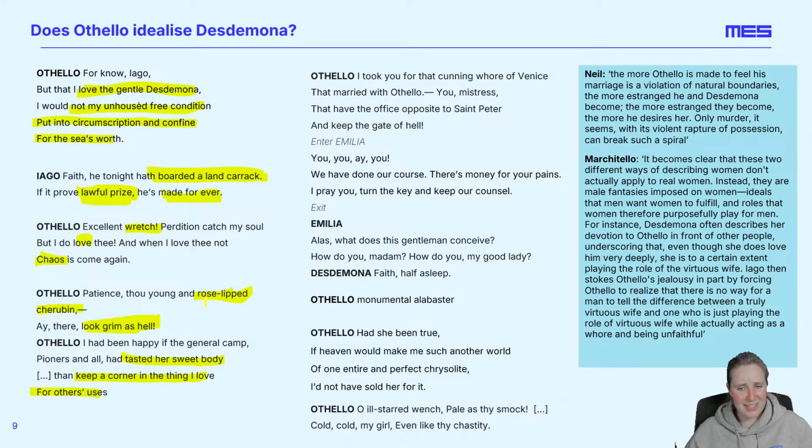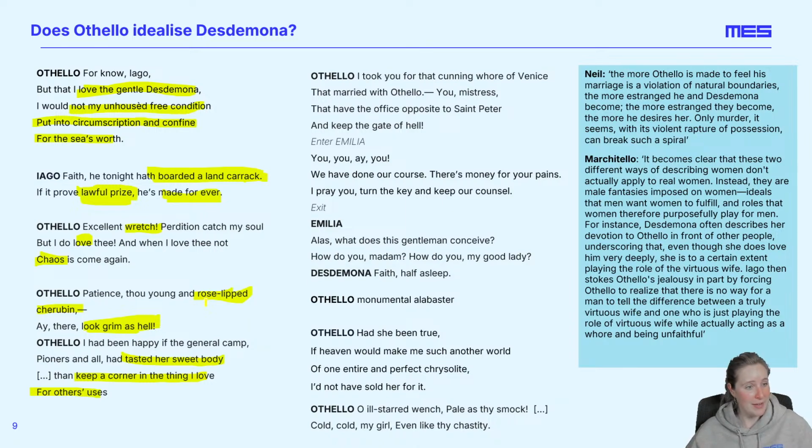But also he says he'd be happy, and we've spoken about this quotation before, happy if the general camp, so if all of his soldiers had had sex with or tasted her body rather than him only having a slice of her and knowing about it. So essentially this is talking about cuckolding, but think about how he's talking about his wife.